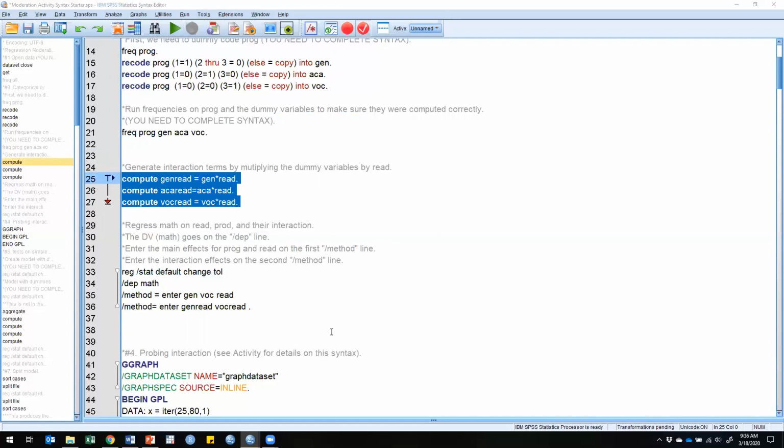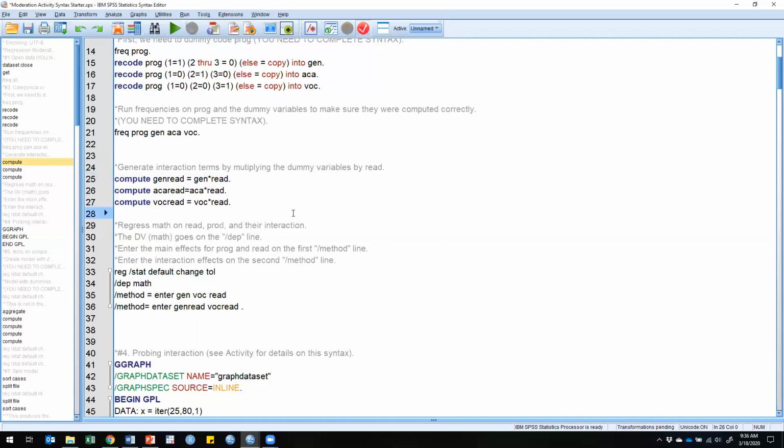We'll compute them. And then to examine the interaction effect with the categorical variable, we're going to use a block entry regression approach. The first thing I'm going to do is enter the main effects in our first block, and then enter the interaction terms in the second block.